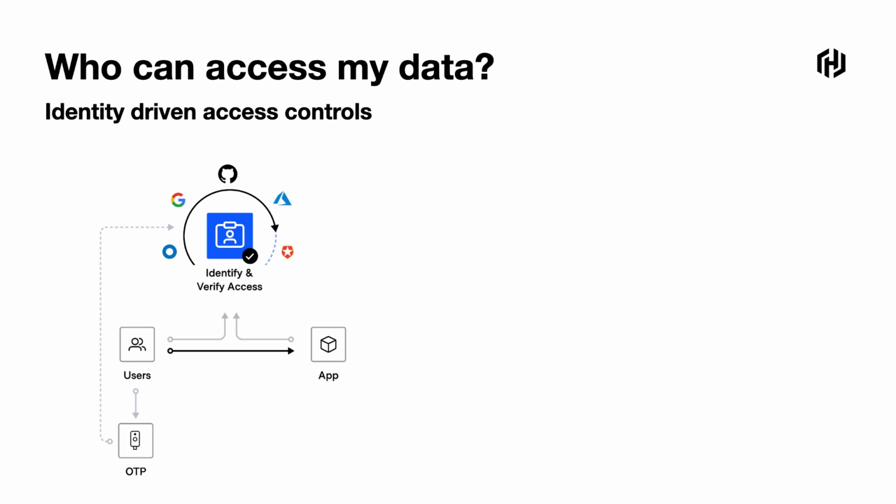Identity-driven access controls are pretty well understood for people. We've done this for a long time, where you can cryptographically prove who you are. You go to an application, and it redirects you to a third-party identity and access system, something like Okta, Google Workspace, Azure AD, Auth0, even GitHub.